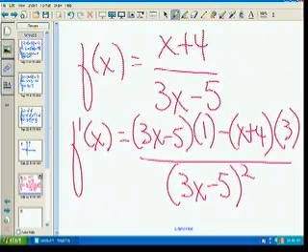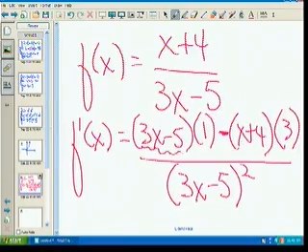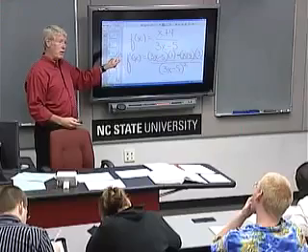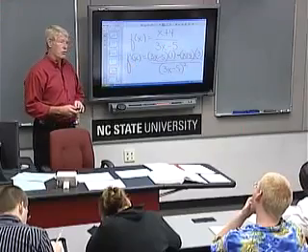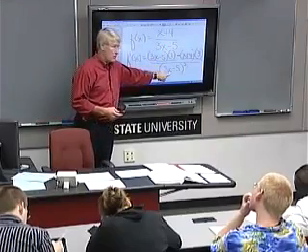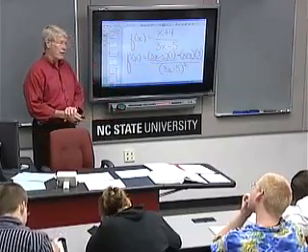There are two terms in the numerator because of this minus sign. This term, which has a 3x minus 5 in it, and this term, which does not. So you can't reduce part of the numerator. You'd have to be able to reduce both terms of the numerator with the denominator. So as tempting as that is, don't reduce those two right there.